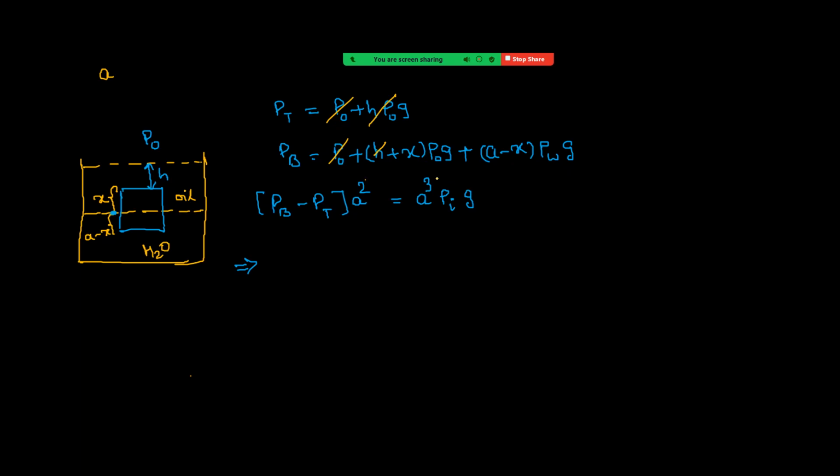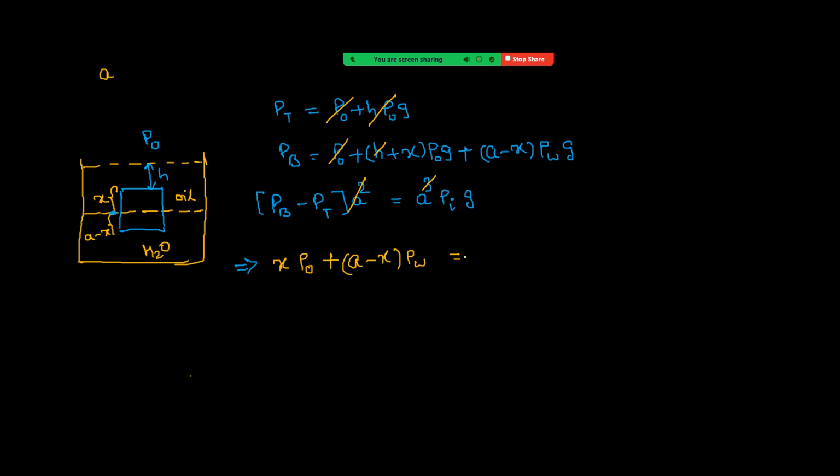Here A square and here one A is left. G also cancels throughout. So X rho oil plus A minus X rho water is equal to the density of ice.